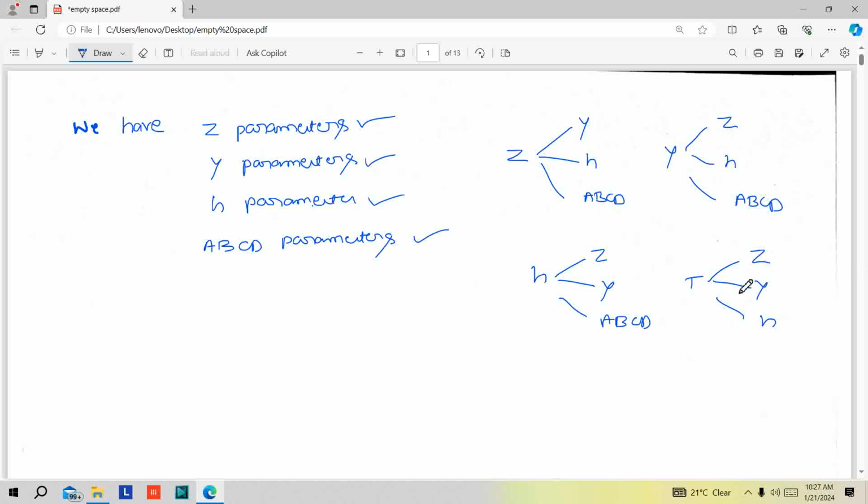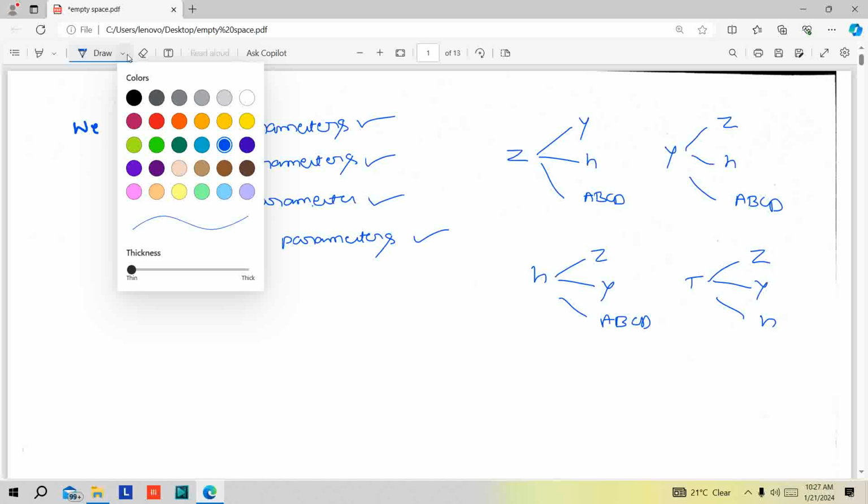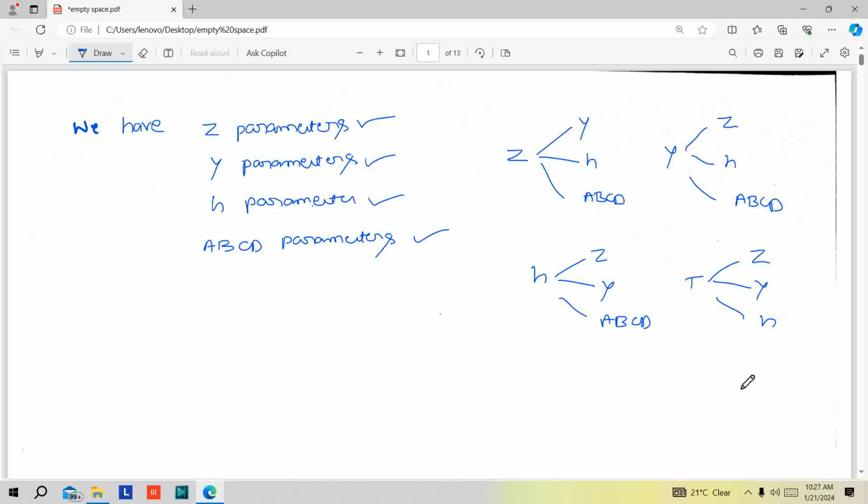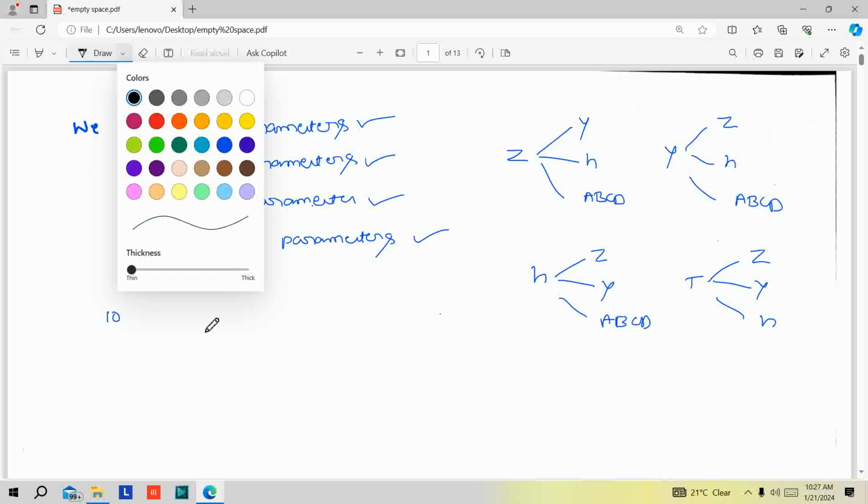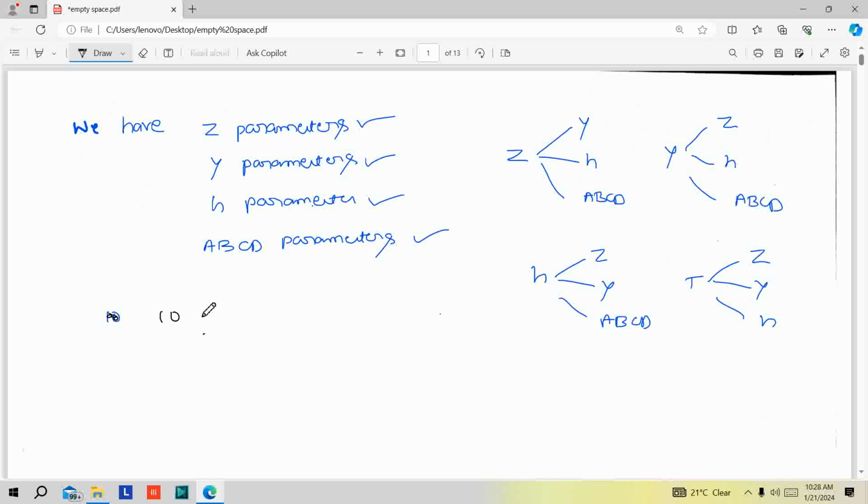So how do you remember all 12 derivations or conversions? Actually it is very difficult to remember all 12 conversions, but I'll tell you a simple method here. Out of these 12 derivations, the procedure for 10 conversions is the same.